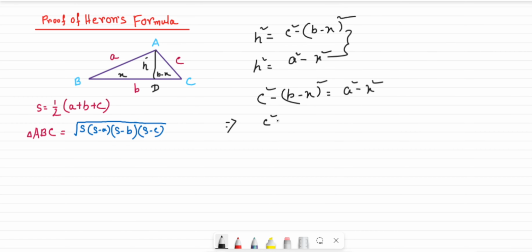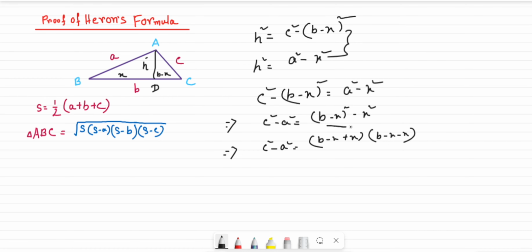So C square minus A square equals B minus X whole square minus X square. Again, C square minus A square equals B minus X plus X into B minus X minus X.